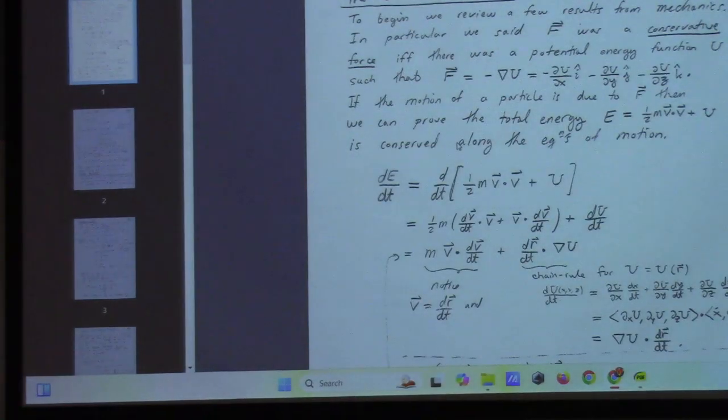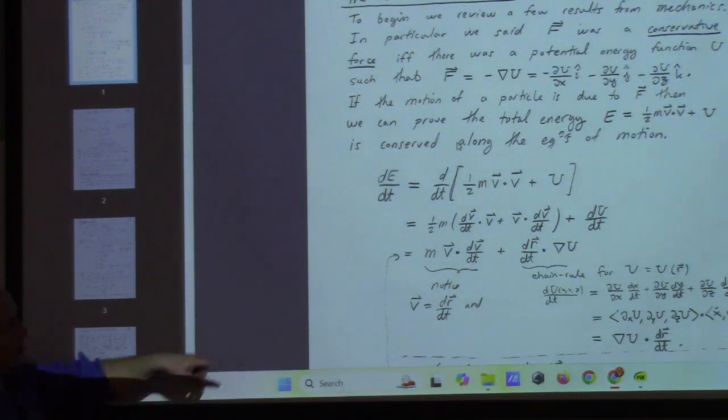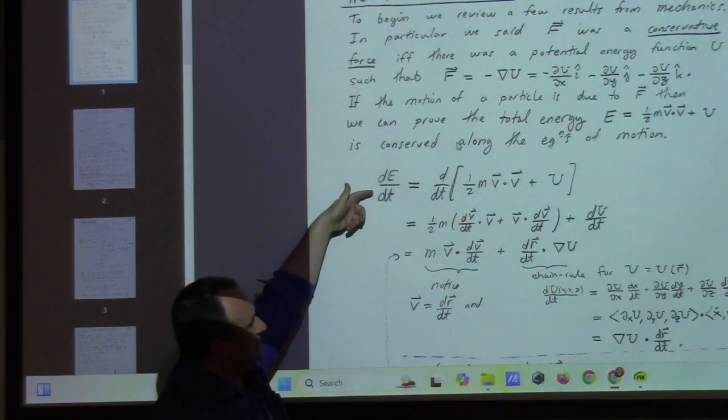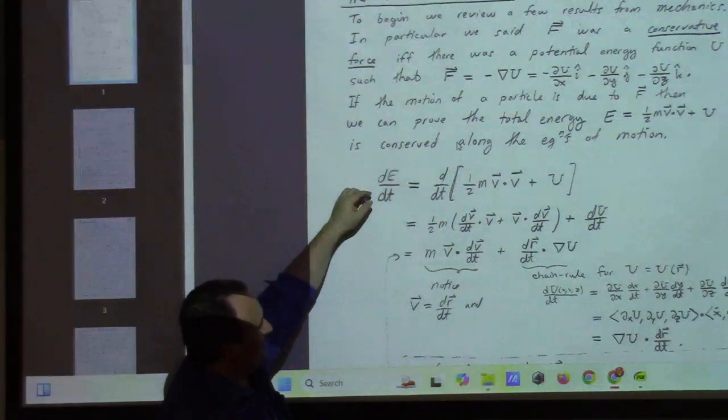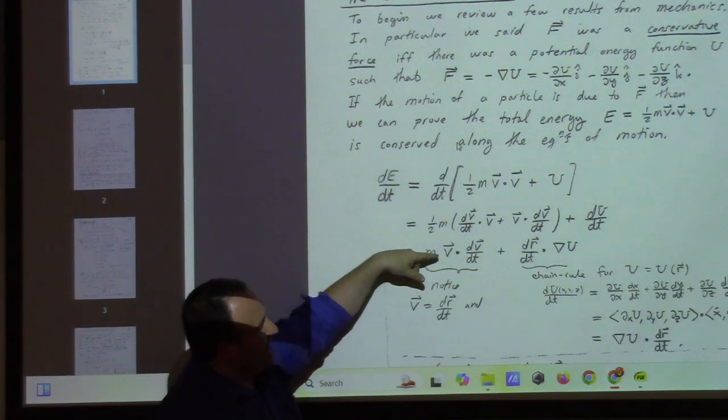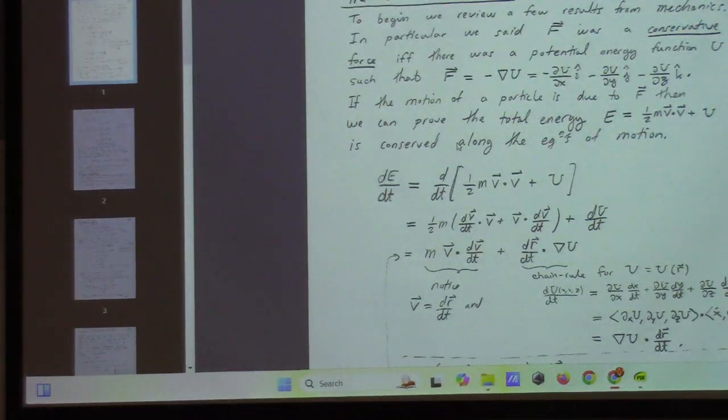In the notes, I just calculated the derivative of energy with respect to time directly, and changed this to basically MA minus MA, which ends up being 0. So then the change in energy, d/dt, is 0, which means energy is conserved, right?